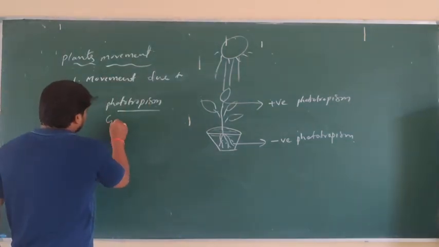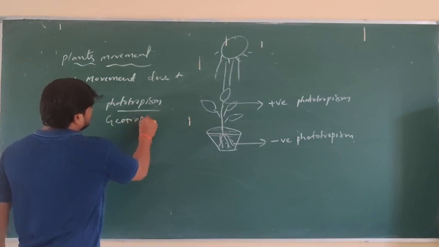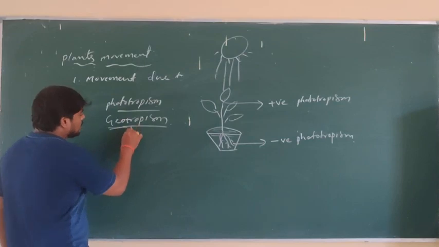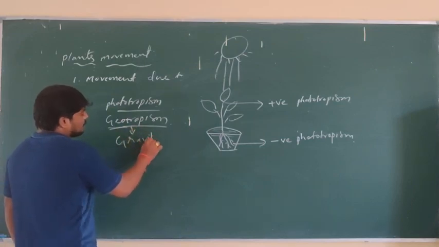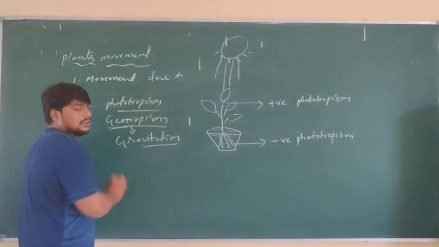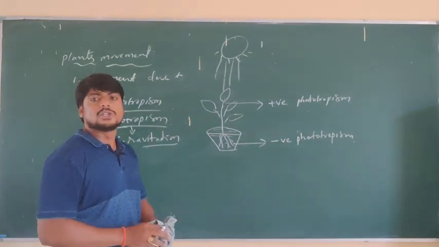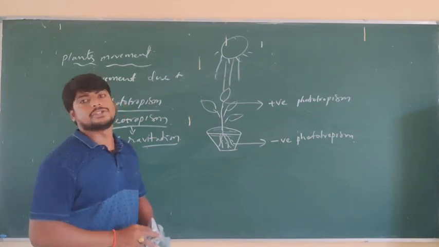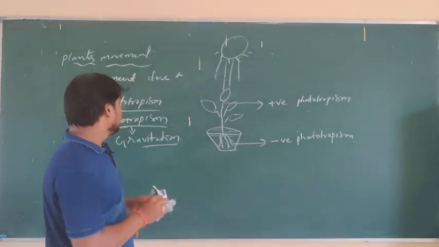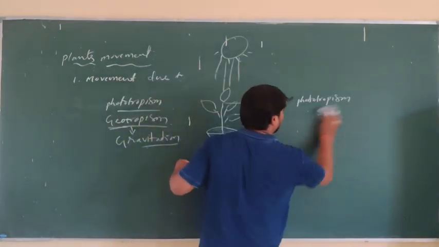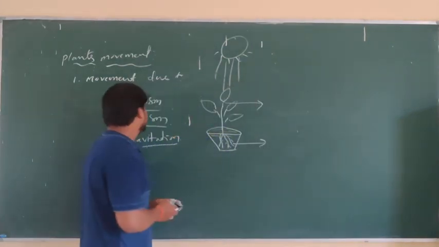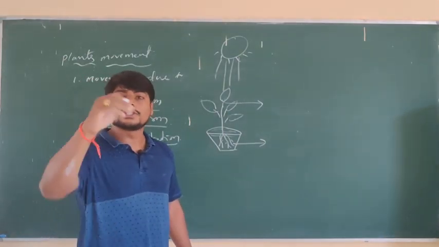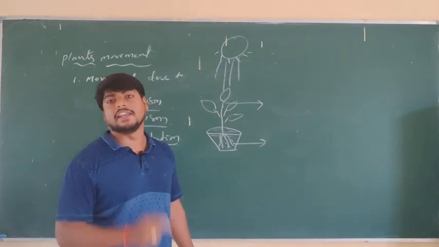And next, we will discuss geotropism. Geo means earth, as we know, and it causes gravitation. So the gravitational force of the earth is also one of the stimuli that induces the growth, that is, the movement of the plant. Geotropism is nothing but the movement of the plant towards the earth, or towards the gravitational force.